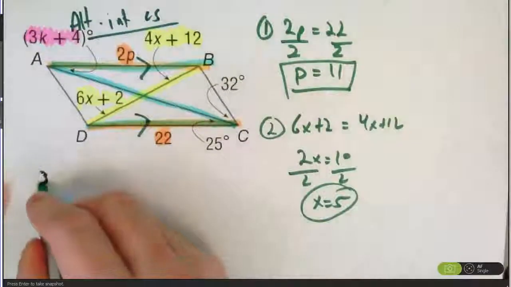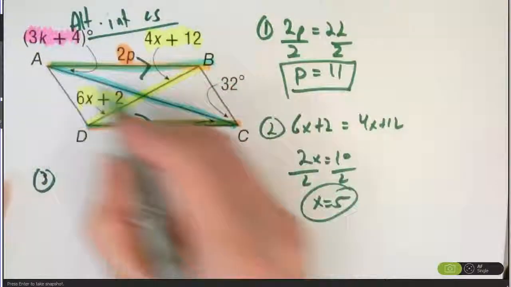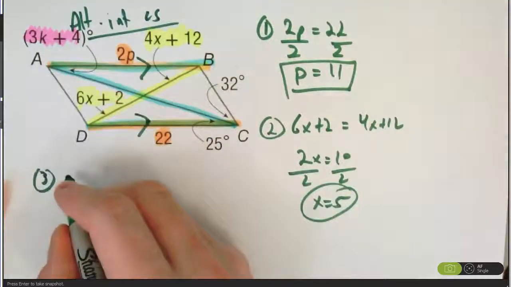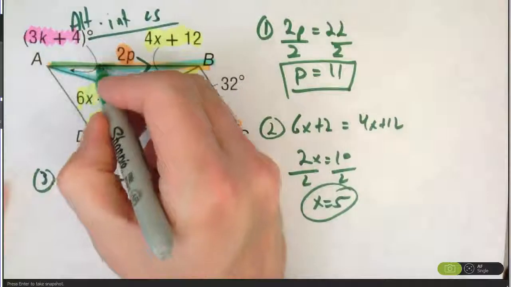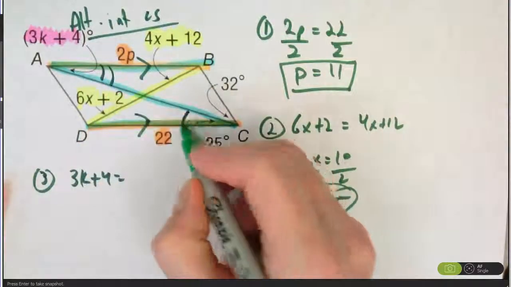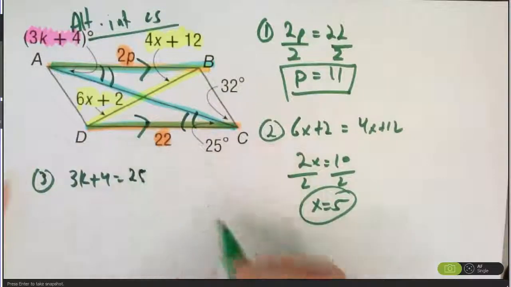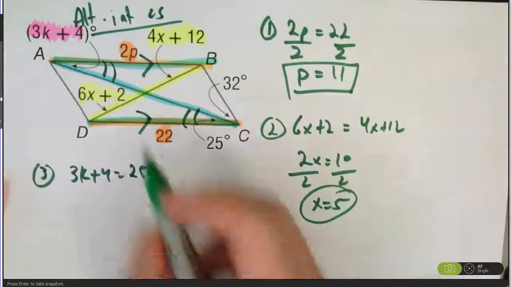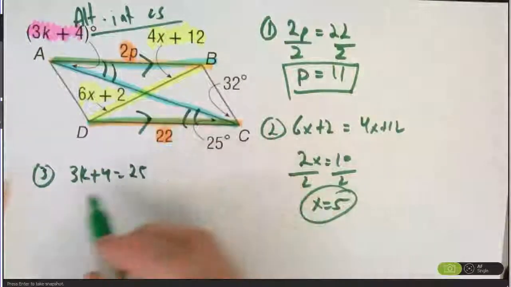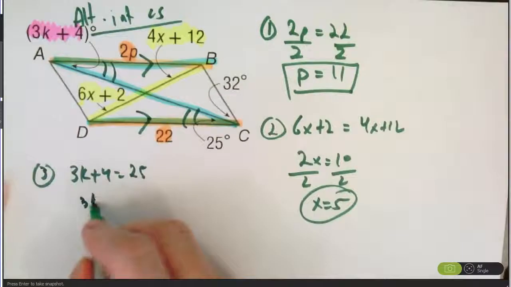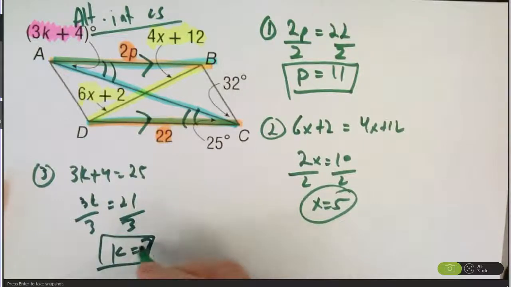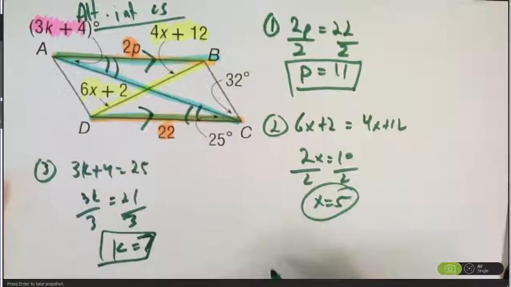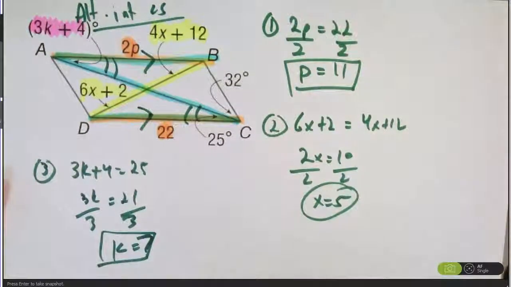So the question is simply, what is the angle BAC, which 3k plus 4 is alternate interior to? It's alternate interior to 25 degrees. Since it's alternate interior to those two angles, they have to be congruent. So 3k equals 21, divide by 3. K is 7.